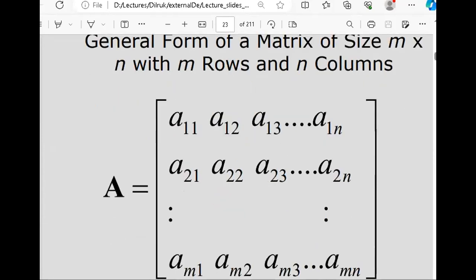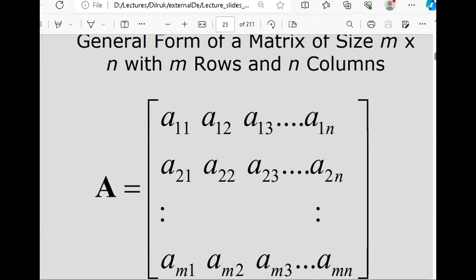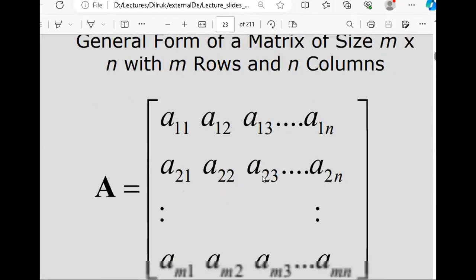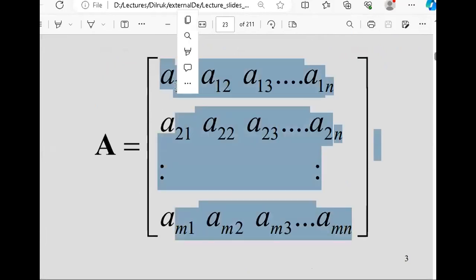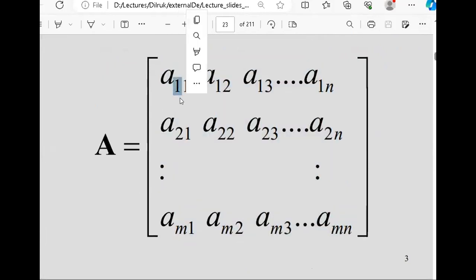So let's go to this node from the basics. This is a general rectangular matrix. It has how many rows?